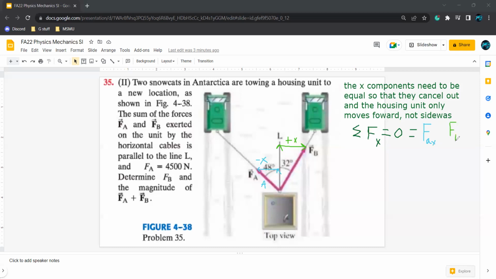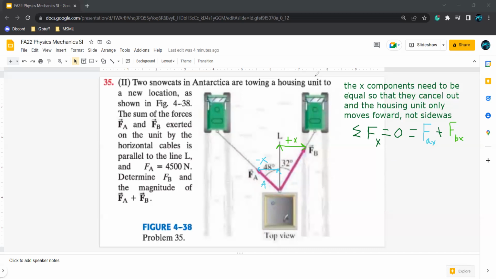Fx of, you know what I mean. Okay. So then that means that negative f a of x is going to equal f b of x.